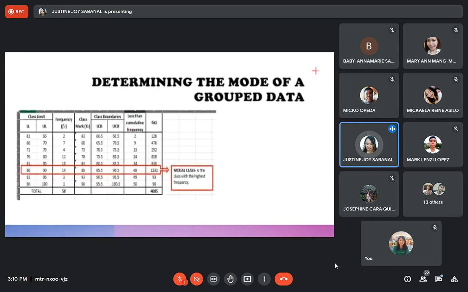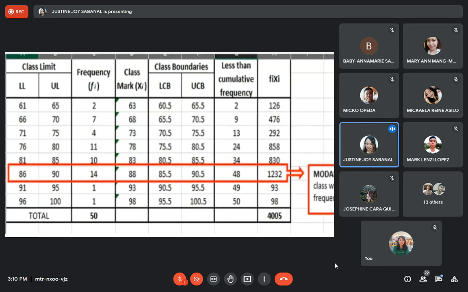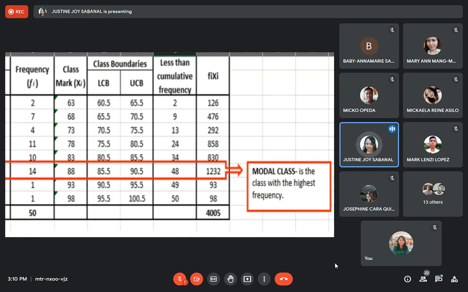So, yung value na pinakamataas yung frequency po ay 14.